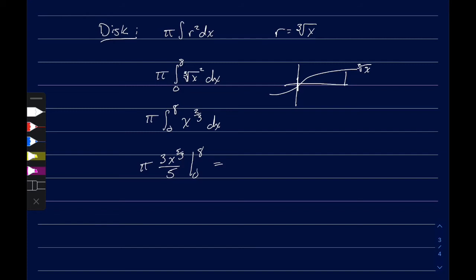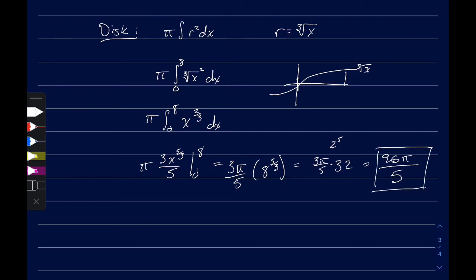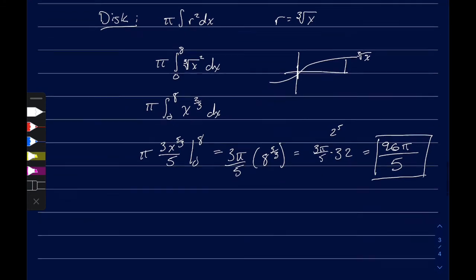And when we do this, the zeros go away again, and we have 3 pi over 5 times 8 to the 5/3, where the cube root of 8 is 2, and 2 to the 5th is going to be 2, 4, 8, 16, 32. So it's going to be 3 pi over 5 times 32, which is 96 pi over 5. And as you can see, we get the same answer with both methods.